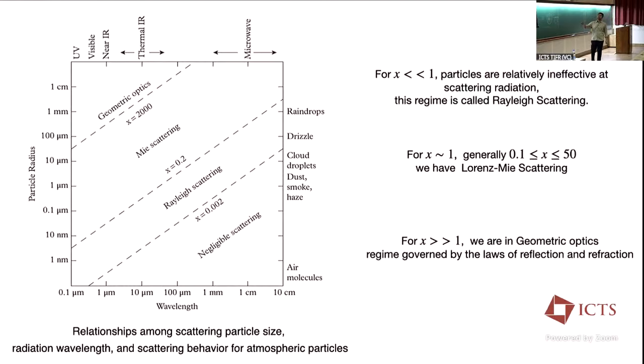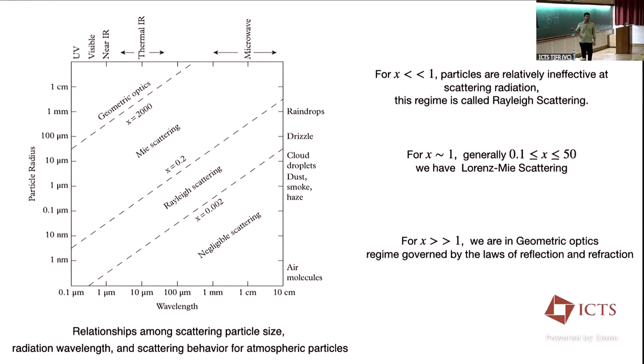We do that. Now, if x is equal to 1, or basically the size of the particles and the wavelength are almost equivalent, what we have to take into account is Mie scattering. Essentially, this is what happens with clouds. The clouds in the planetary atmosphere are Mie scattering in nature.